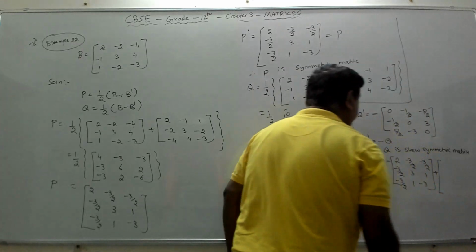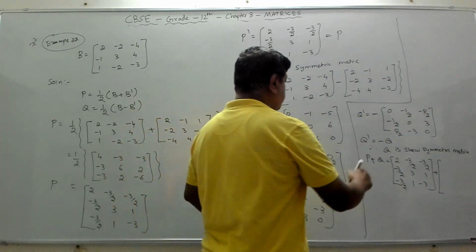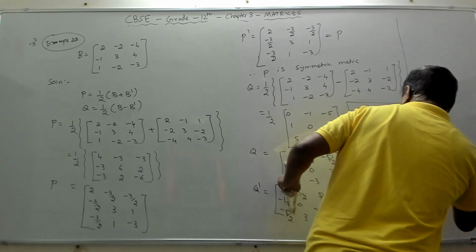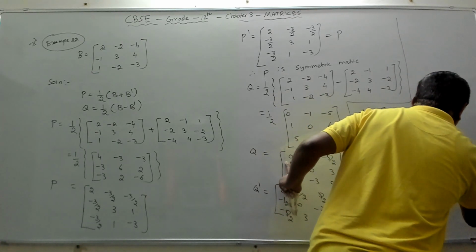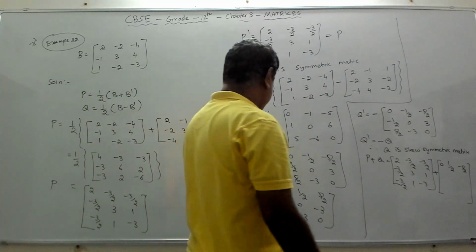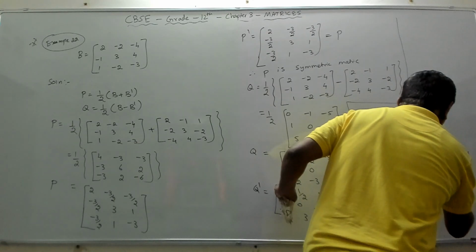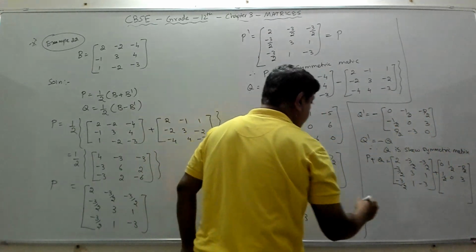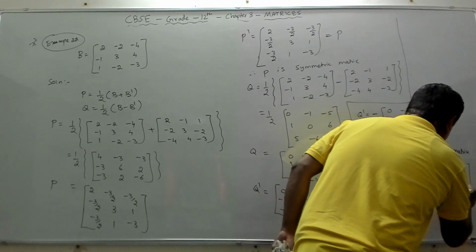Plus our Q. What is Q? Q is this one. 0, 1 by 2, minus 5 by 2, then 1 by 2, 0, 3. I'm writing this Q here. Then 5 by 2, minus 3 and 0.